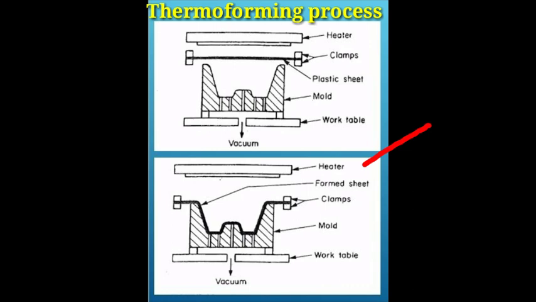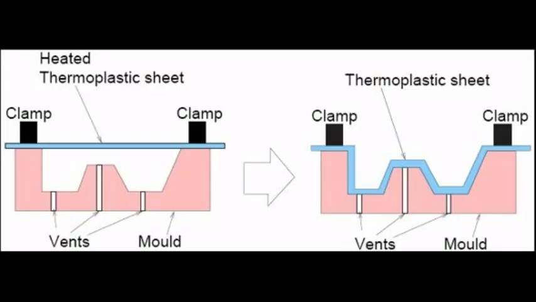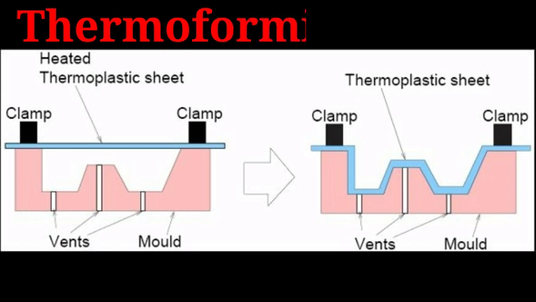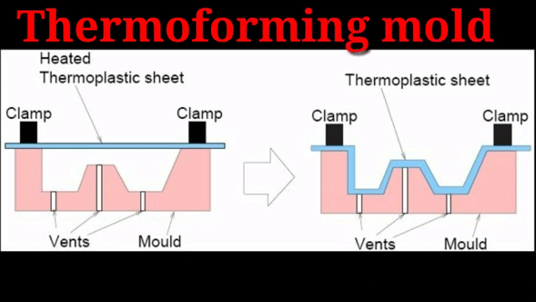A heater panel is then placed above the sheet, and when sufficient softening has occurred, the heater is removed. The vacuum is applied. For thicker sheets, it is essential to provide heating from both sides, that means from the top and the bottom side.